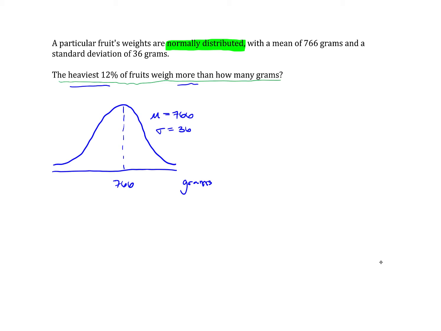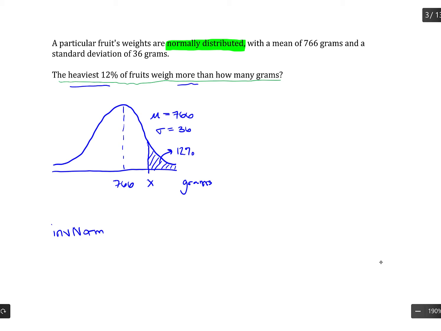These are all indicators that when we shade this region, I'm going to be shading the area under the curve as the upper 12%. And the answer that I'm looking for is this value x, which is a number of grams. So I'm not using normal CDF, I'm going to be using inverse norm.